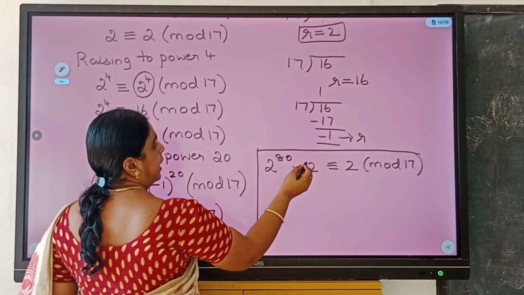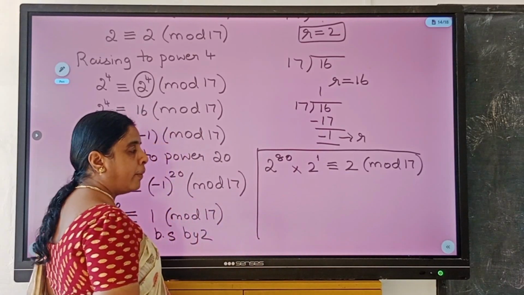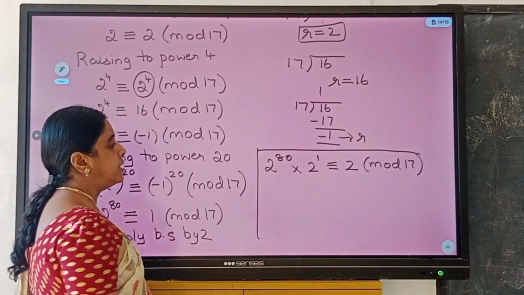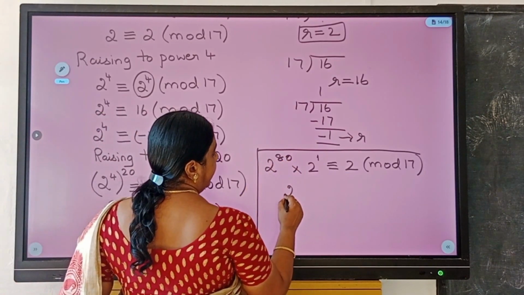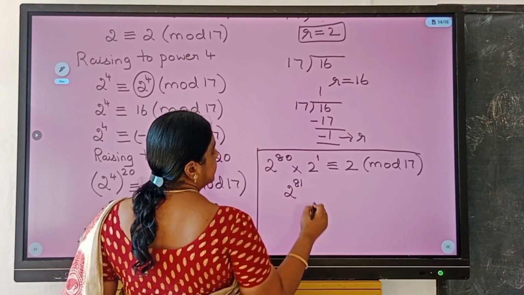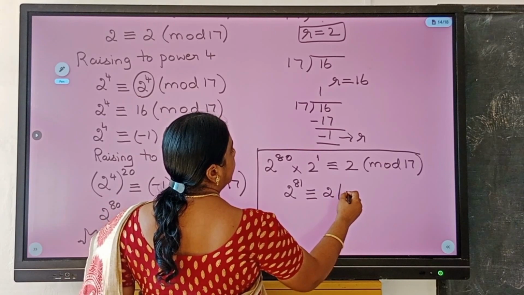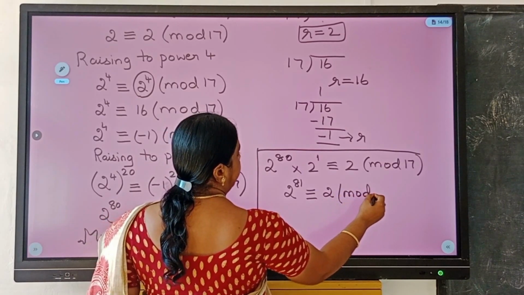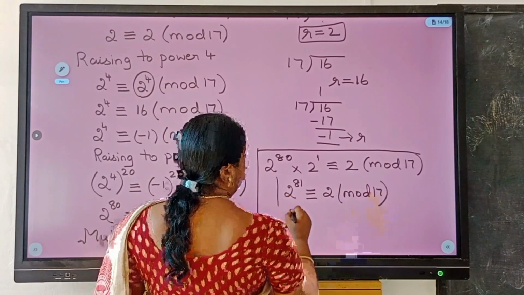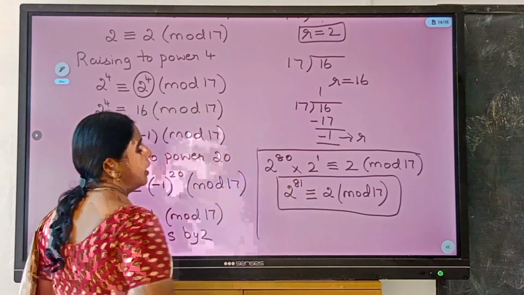So 2 power 80 into 2 power 1. In multiplication the powers get added, so you get 2 power 81 is congruent to 2 modulo 17. So finally I have proved what they have asked.